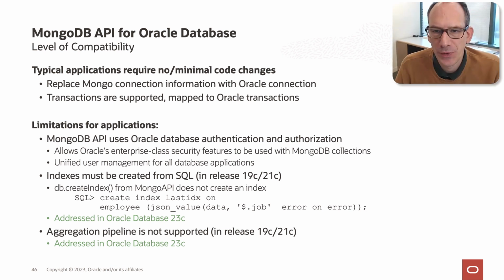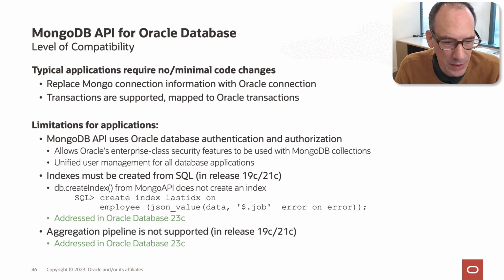Before you move on to the next slide for a second, on this indexing stuff, so we said it's addressed in 23c, that's correct. One observation is that with MongoDB, in order to improve performance, you can throw more nodes at it, called sharding, or you add indexes. Oracle has way more features to tune performance, and one of them, for example, is Exadata.